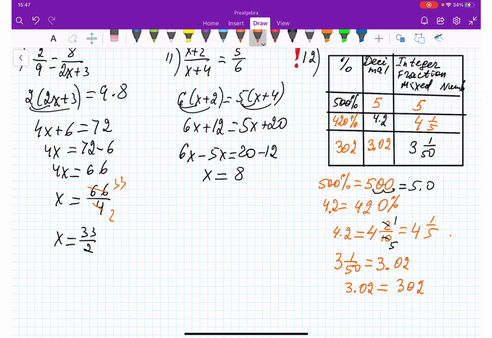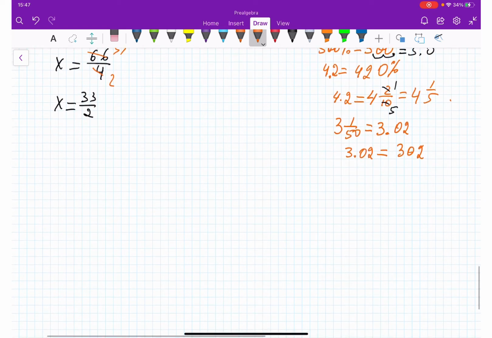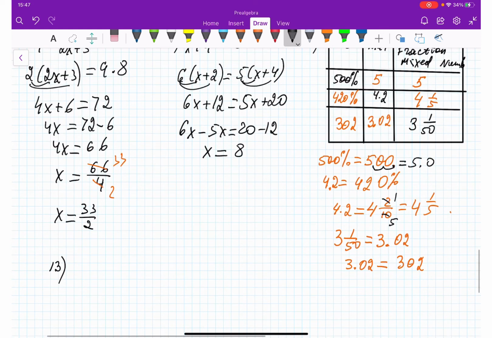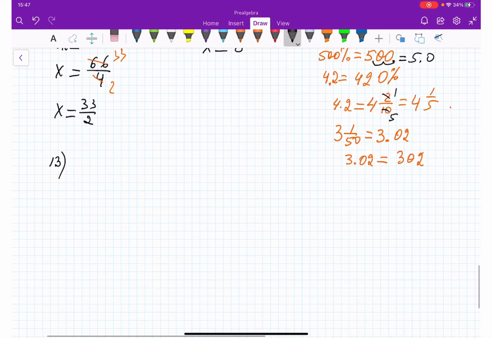Another one, let's do it. I'm glad I put these problems there because it's very important. Question number 13. It's a bigger table where we can survive.